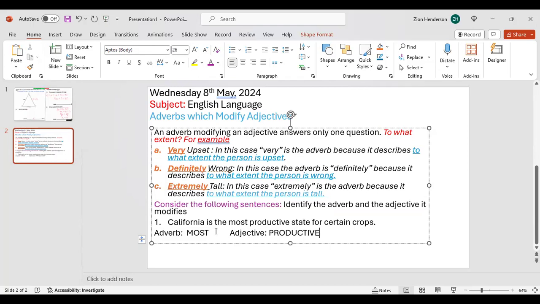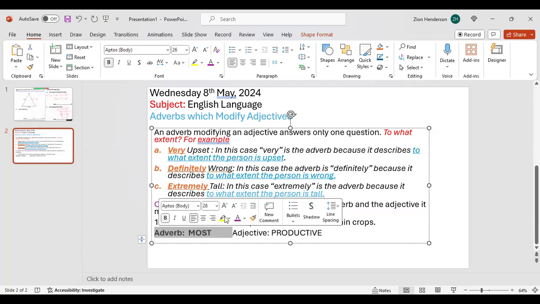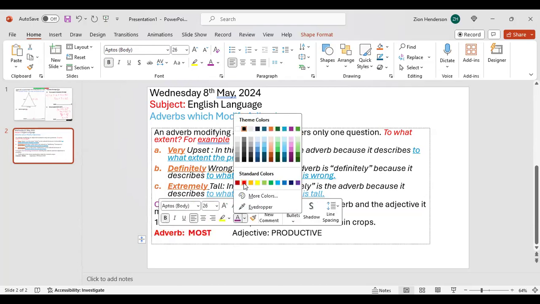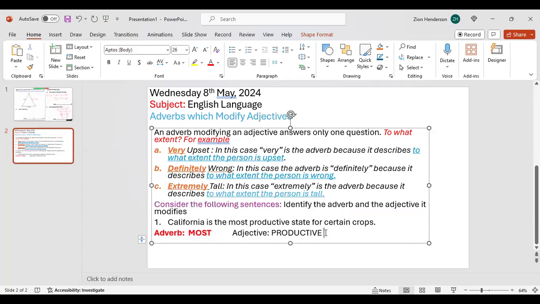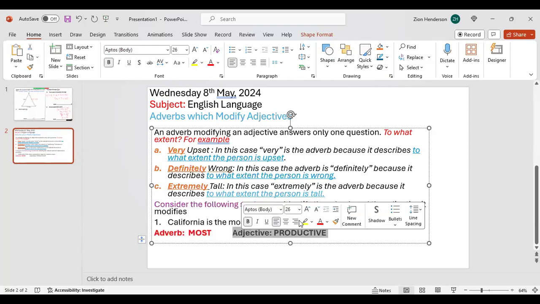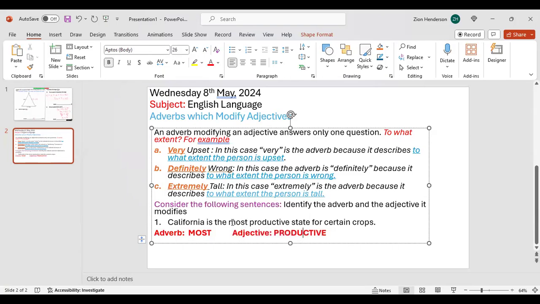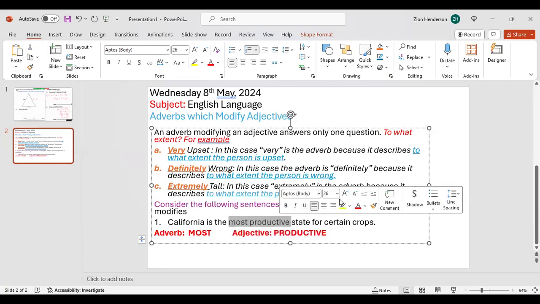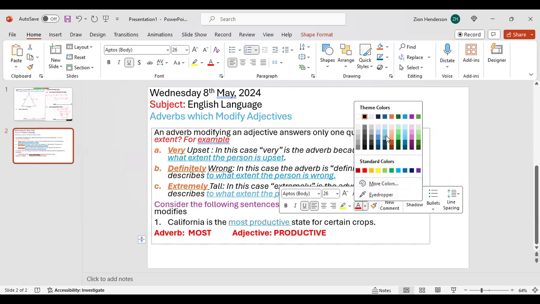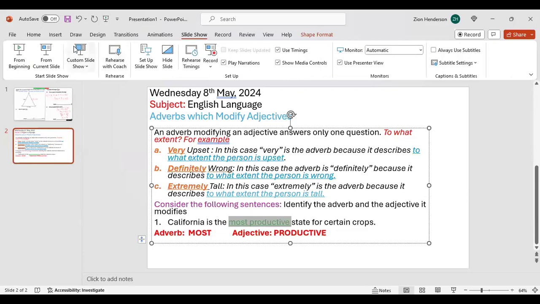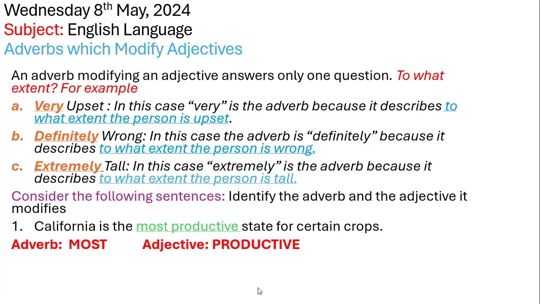So the adverb is most and the adjective is what? Productive. And so this right here is going to be the adverb and the adjective put together. Y'all understand that? Let me know if y'all understand that before I move on. Yes, sir.